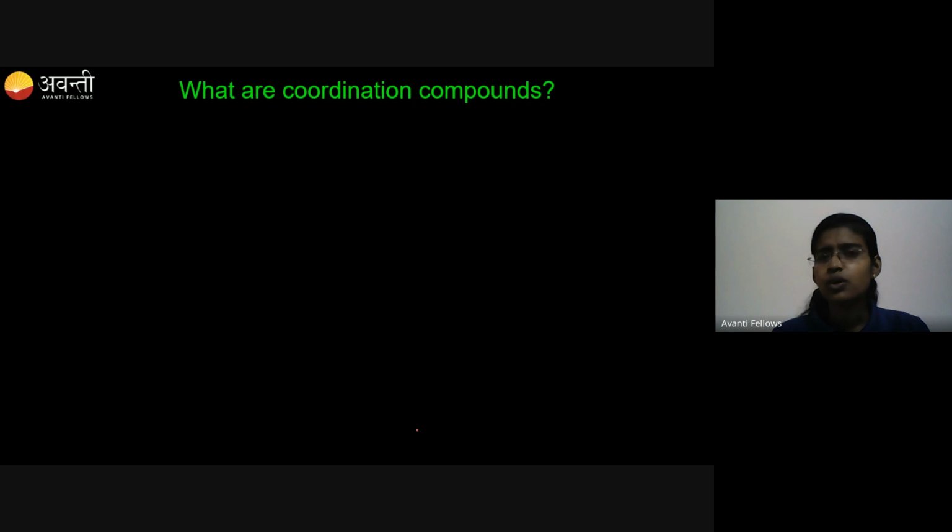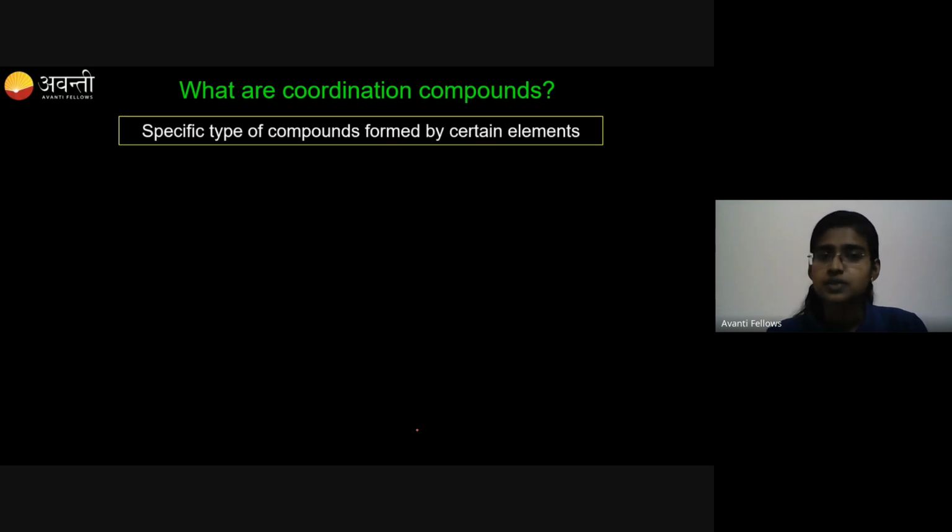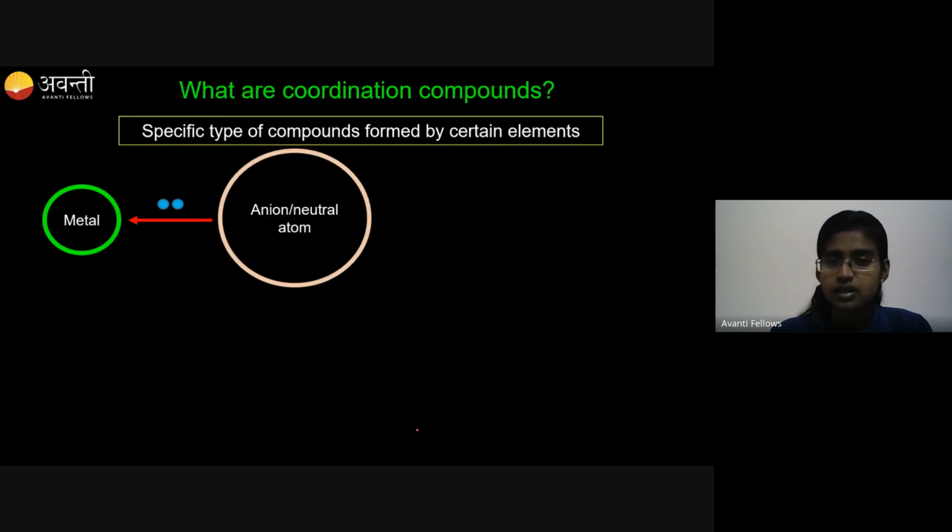What are coordination compounds? They are a specific type of compounds formed by certain elements. And what are those elements? Those elements can be a metal and an atom.